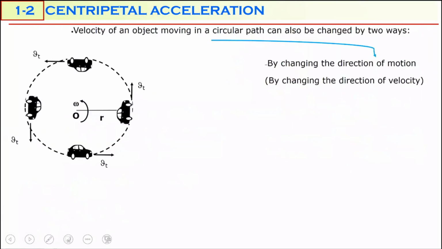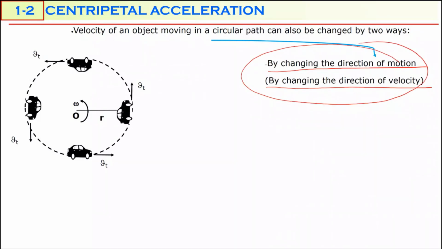The velocity of an object moving on a circular path can also be changed by changing direction of motion, by changing direction of velocity. And if there's a change in velocity, there must be an acceleration too, because of this change in direction, this change in velocity.